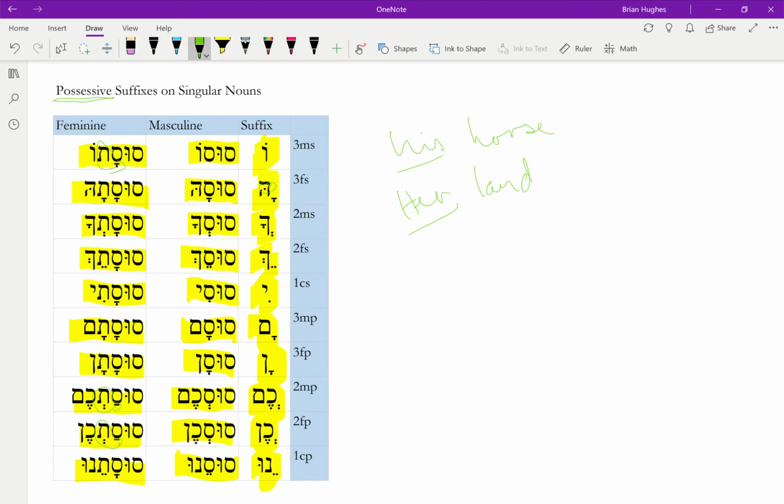So again, being able to spot the suffixes and knowing those forms is very important, and this tells you the gender of the noun that it's being added to.